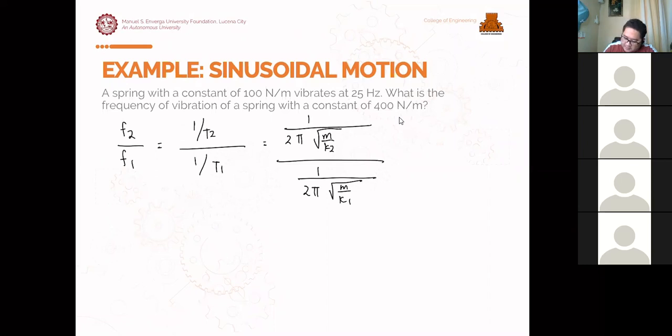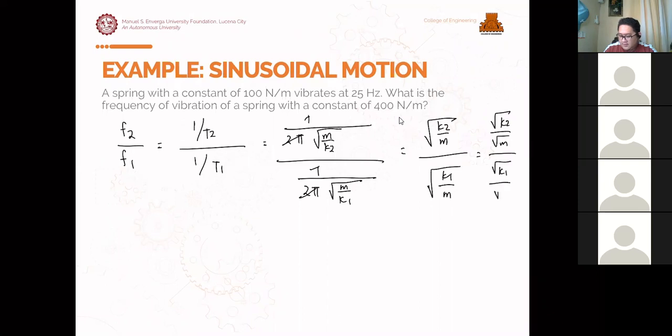So, mangyayari dito, pwede mag-cancel out ito. Okay? Matitira is square root of, so this can be reciprocated, no? So, this will be square root of K2 over M over square root of K1 over M. So, this can be equal to square root of K2 over square root of M over square root of K1 over square root of M. Cancel out natin yung square root of M. We will have square root of K2 over square root of K1 or square root of K2 over K1.